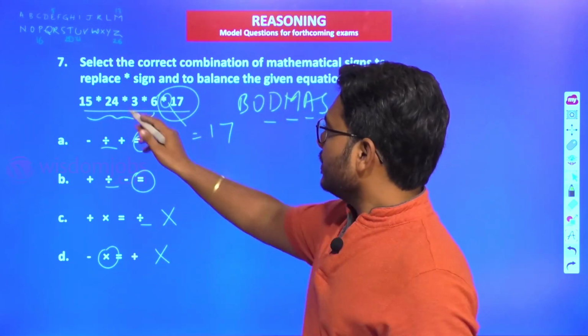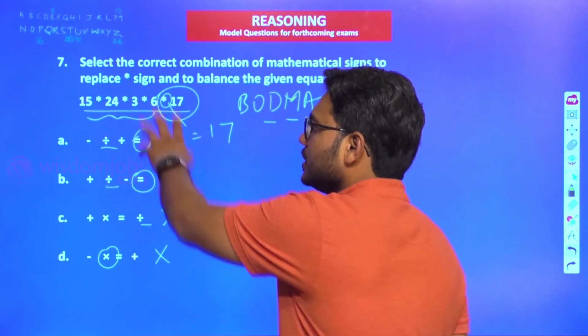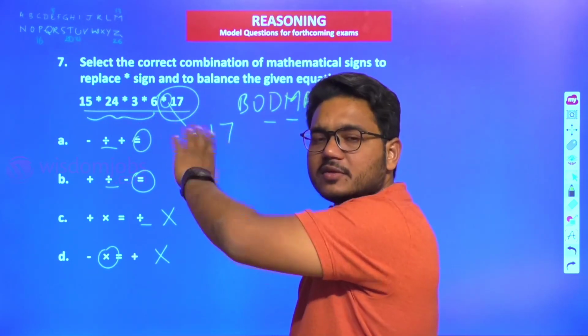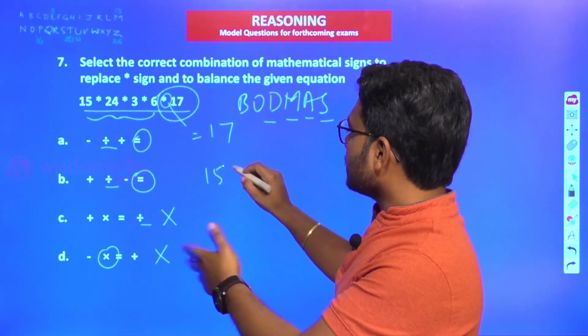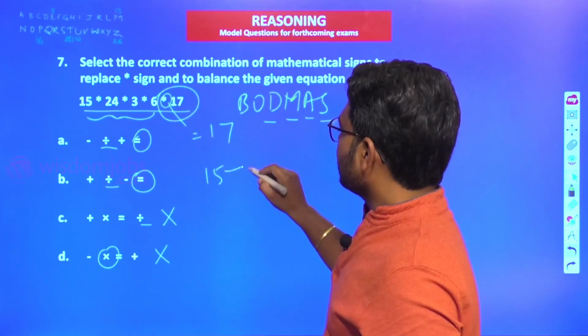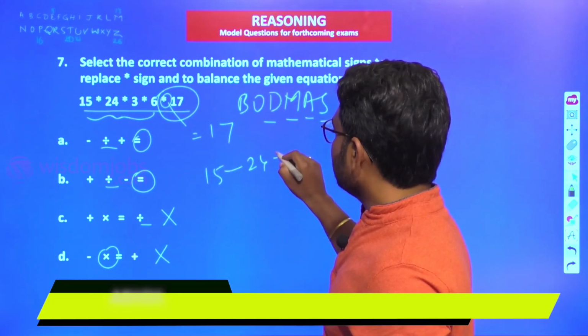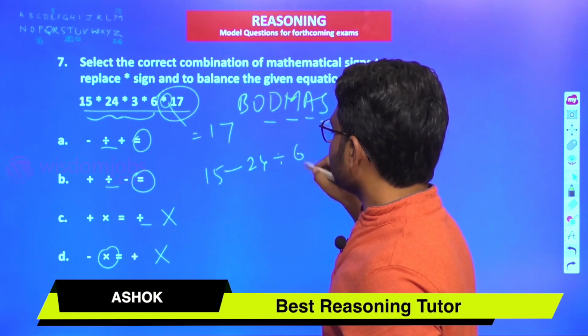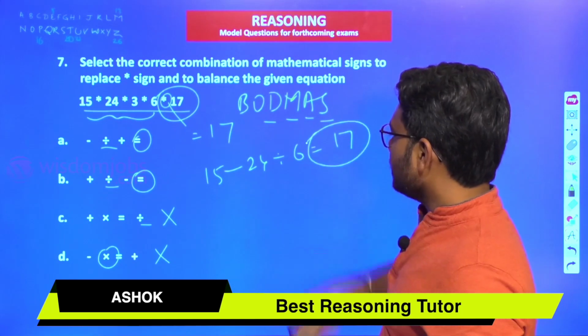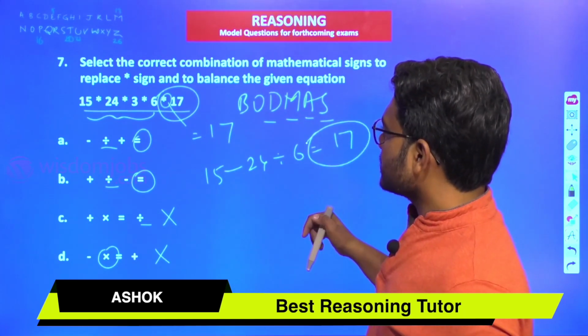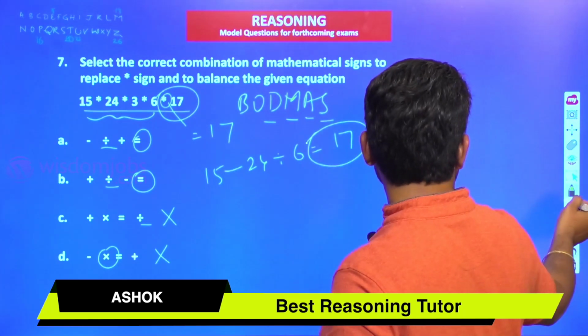Suppose we are now limited to calculating this, which must be equal to 17. If I am trying 15 minus 24 divided by 3, plus 6, it must be equal to 17.